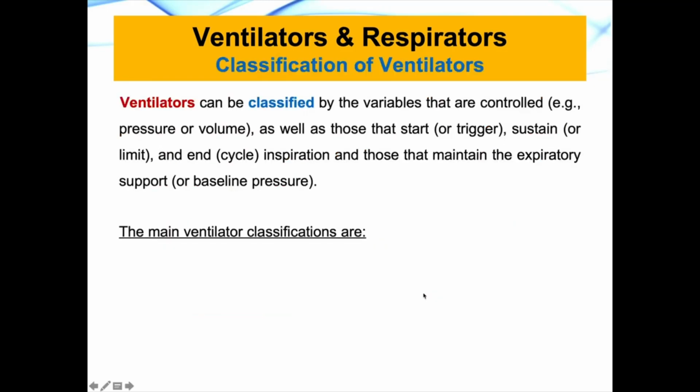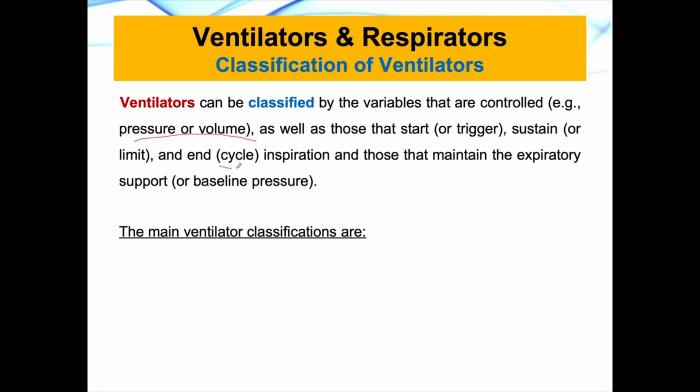So that's something important. Let's talk about classification before talking about control. Ventilators can be classified by the variables that are controlled in this instrument. We are going to be talking about pressure, volume, as well as the variables that start or trigger the instrument, or the variables that sustain the quantities, flow or volume or pressure, as well as the variables that end inspiration or expiration.